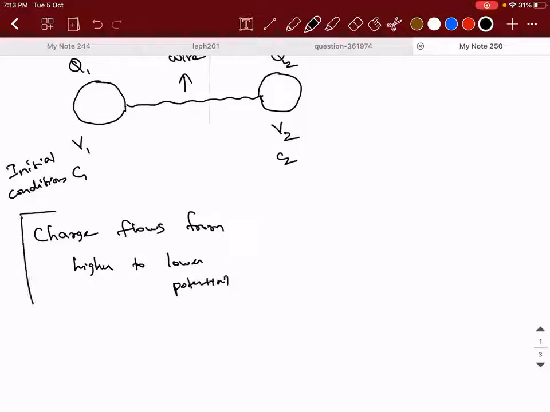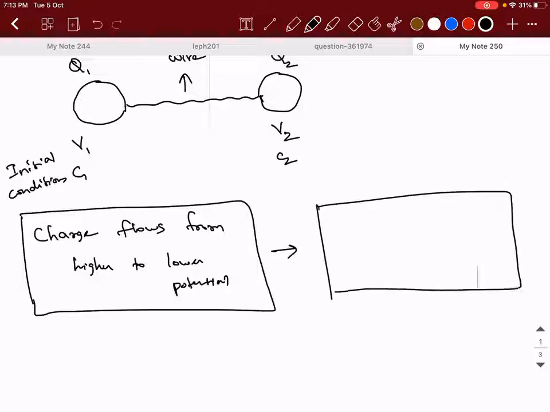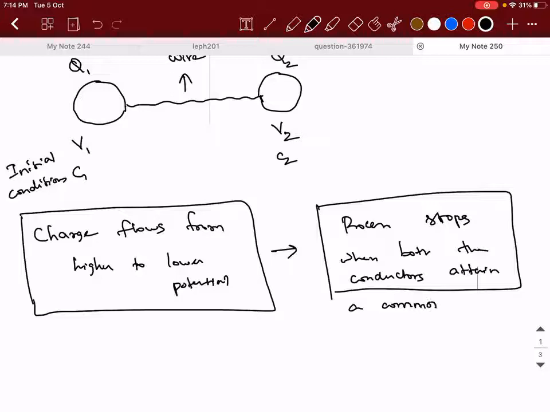Correct? And when will the process stop? Process stops when both the conductors attain a common potential, an equal potential. Common or equal, both mean the same.